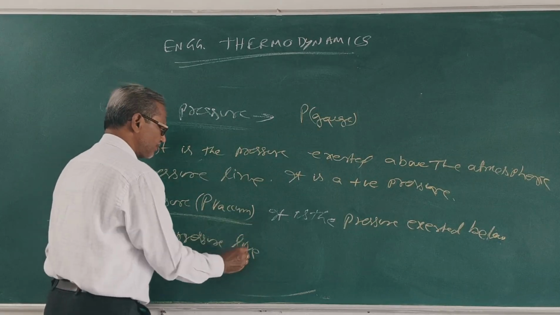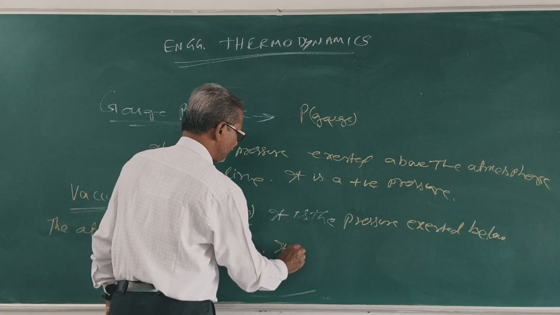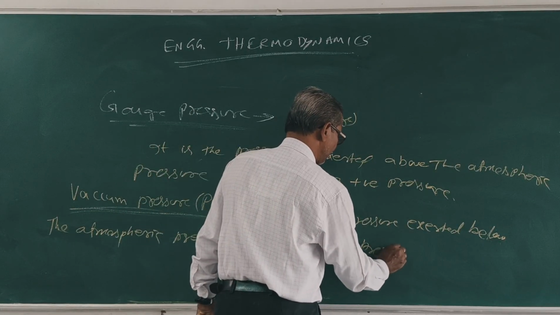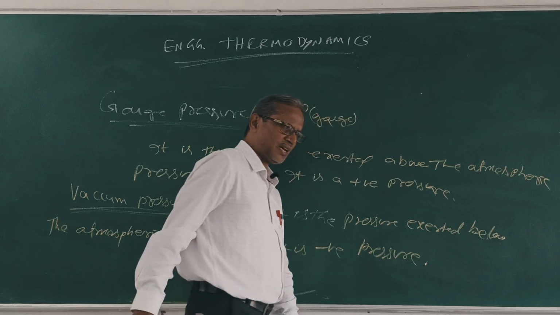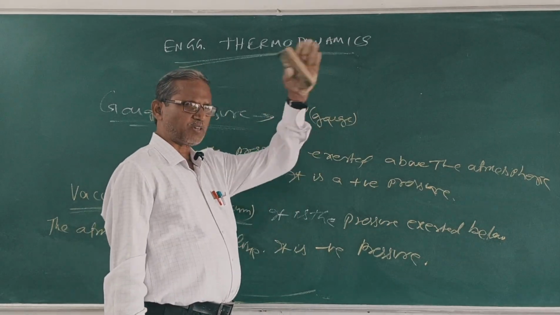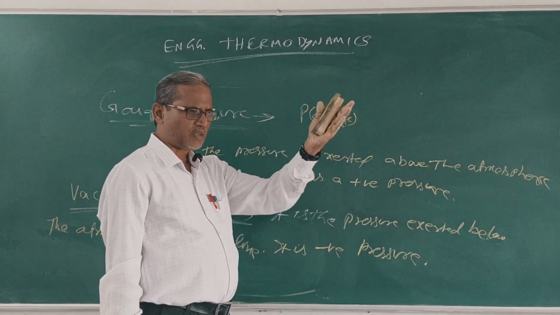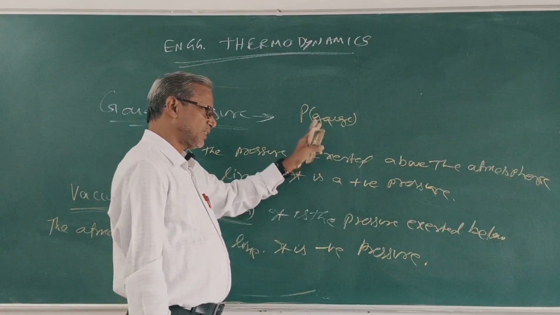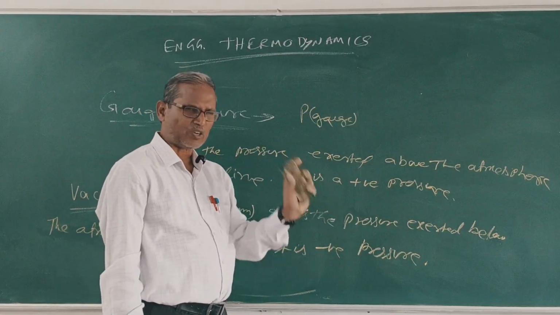Clear? It is negative pressure. So above the atmospheric pressure line is gauge pressure. Below the atmospheric pressure line is called vacuum pressure. This is positive pressure. This is negative pressure.